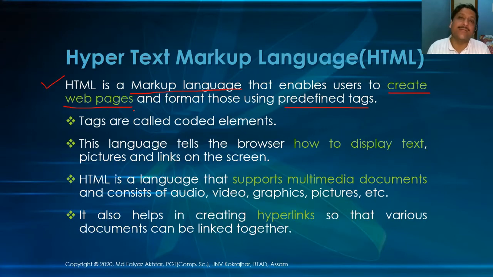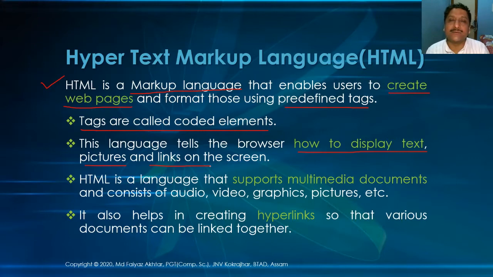In short, we can create websites using HTML. To work with HTML we have to work with tags. And what are tags? Tags are called coded elements. This language tells the browser how to display text, pictures and links on the screen.